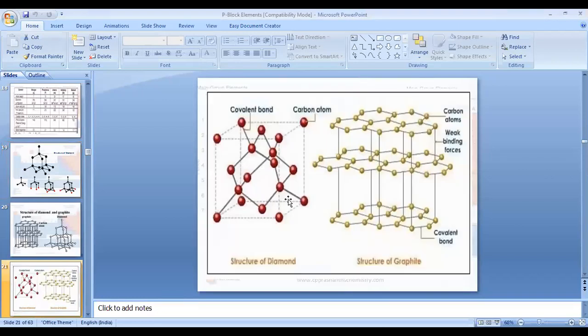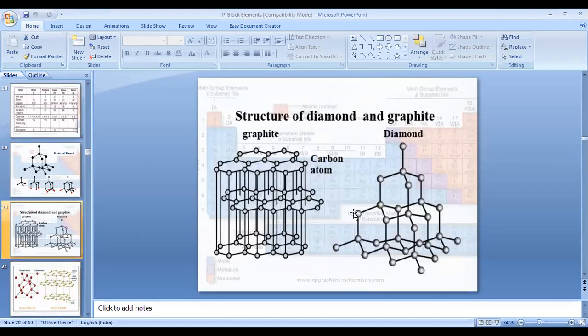See here, the red color balls indicate the carbon atoms which are compactly arranged. Again, this is a three-dimensional structure. So this is a structure for diamond.